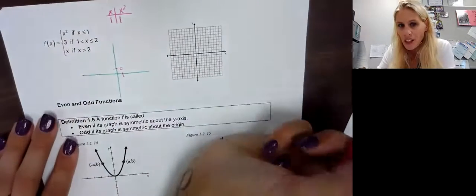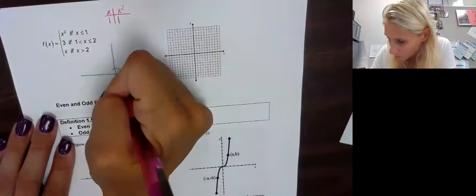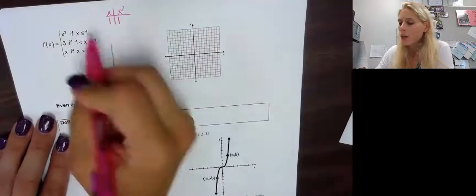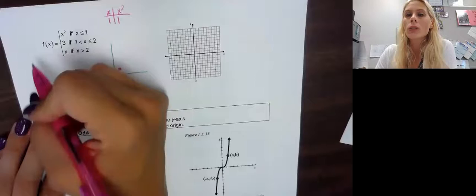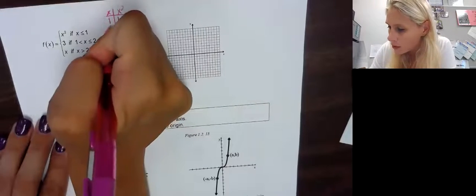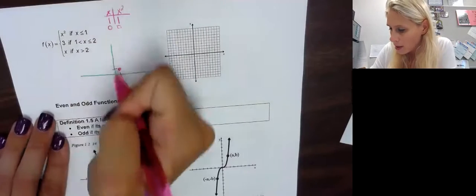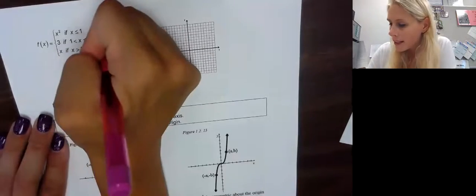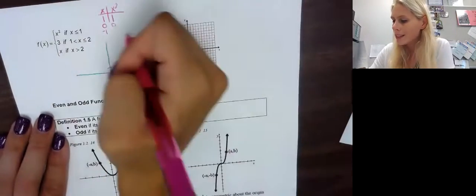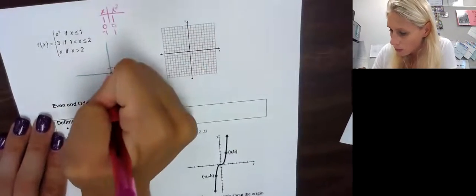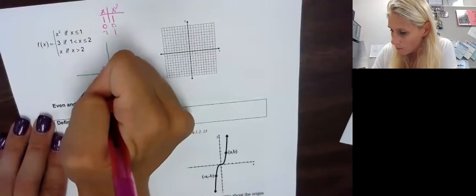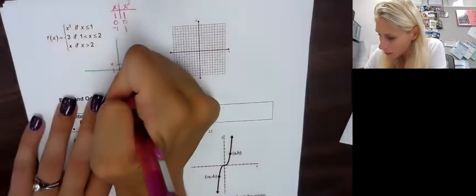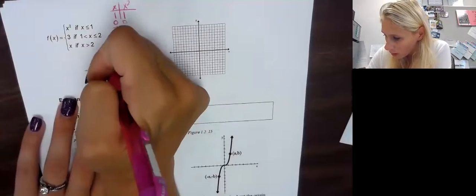Now I get to fill it in because it's equal to. Okay? Now, less than 1 means I have to go to the left. So I'm going to go to 0 next. 0 squared is 0. Right there. Then I keep going, negative 1. Well, negative 1 squared is 1. So negative 1, 1. And then I know what the left side of a parabola looks like, so I'm just going to sketch that out.